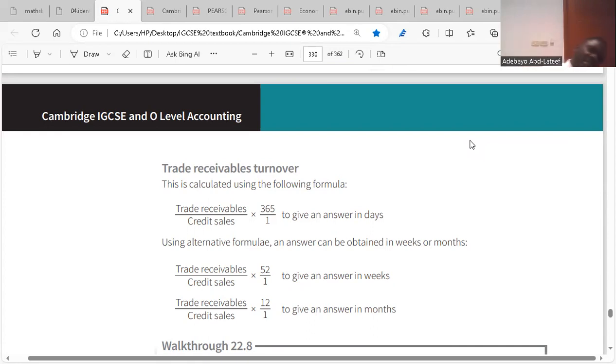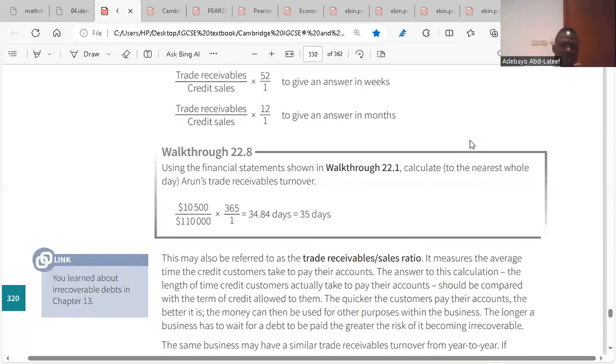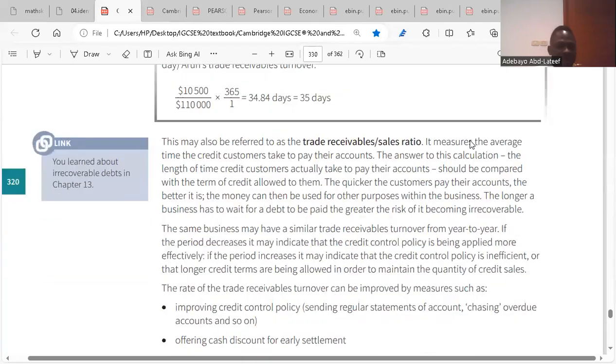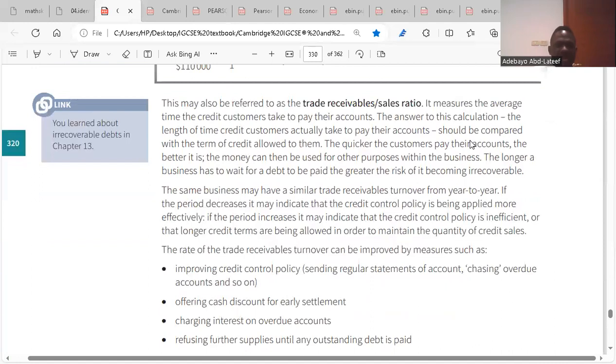If it is yearly or daily, 365 days. Clear? So using the financial statement, we have trade receivable divided by the total sales we sold on credit, multiplied by 365 days.